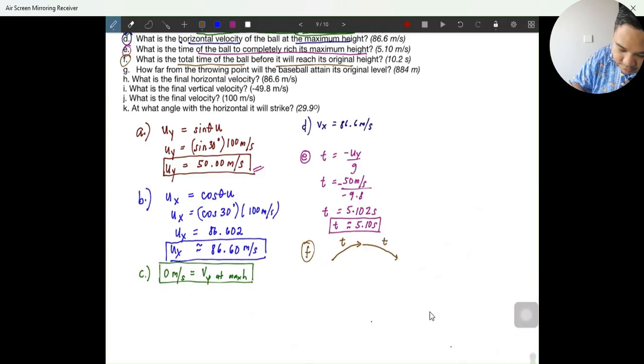So the total time would be twice the computed time. We have 2 multiplied by 5.102 seconds, that would be 10.204 seconds, or we better round off to two decimal places, 10.20 seconds.